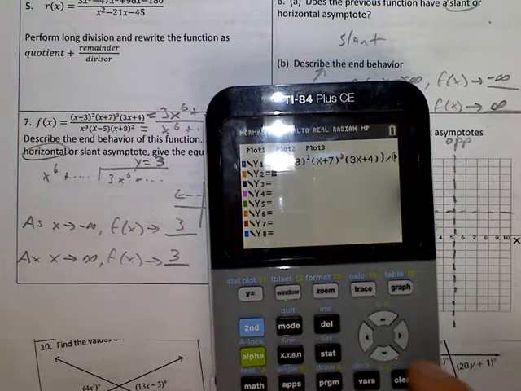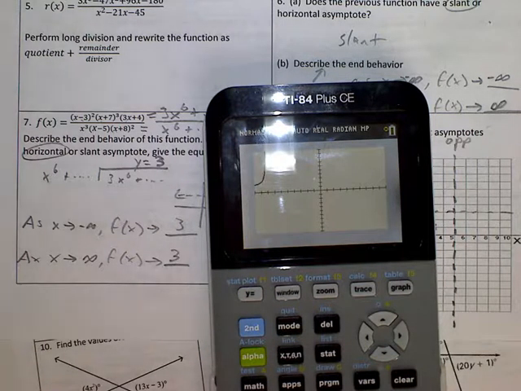I'm going to go ahead and graph the horizontal asymptote. Alright, so there's my graph.